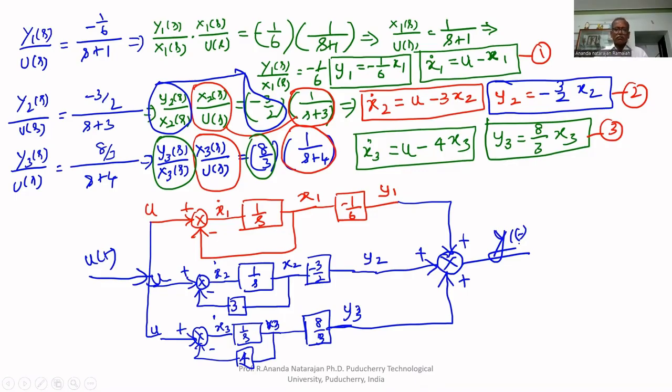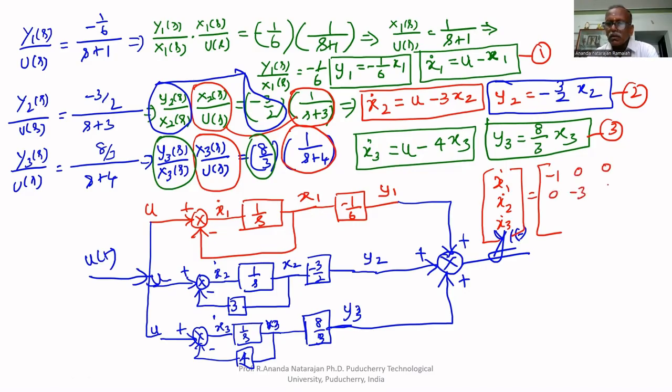Now we have to get state model. Already we got x1 dot, x2 dot, x3 dot equal to: x1 dot equal to -1, all other things are 0. x2 dot equal to -3, all others are 0. x3 dot equal to -4.